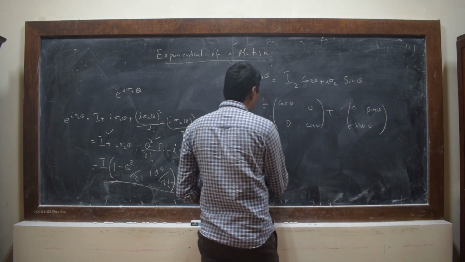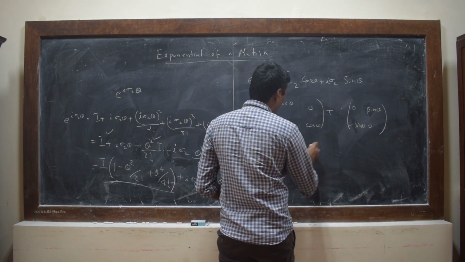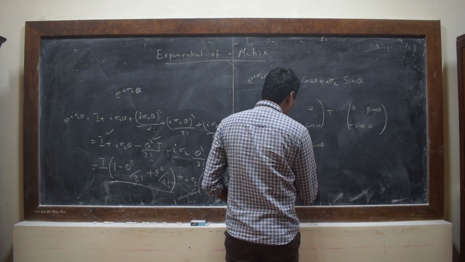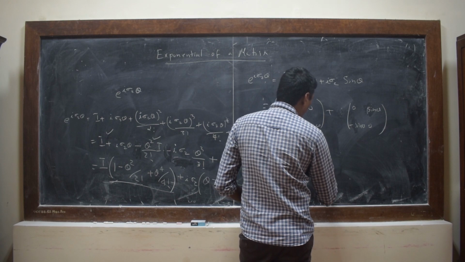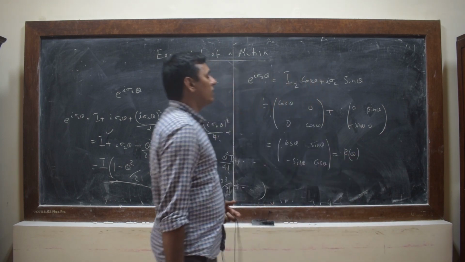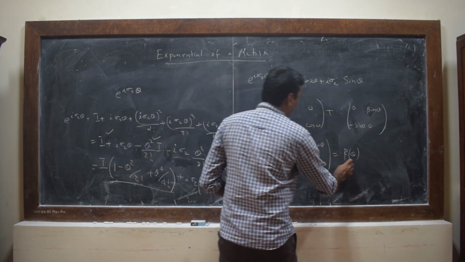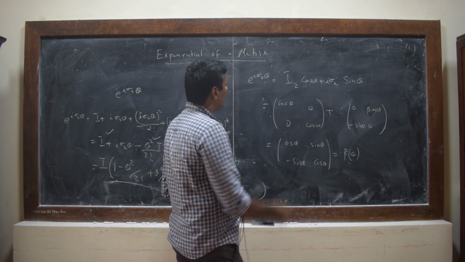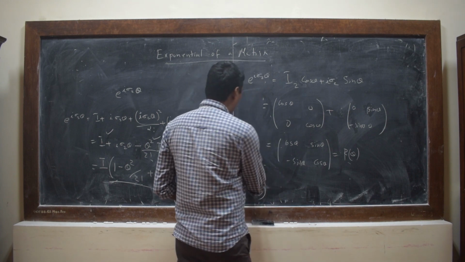Or this is equal to cos theta, minus sin theta, sin theta, cos theta, or basically this is R theta, the rotation in the xy plane. So this is a rotation matrix basically. So e raised to i sigma 2 theta is nothing but this.